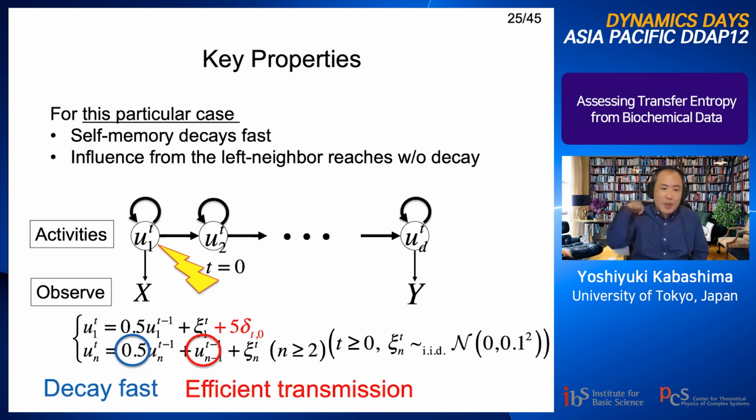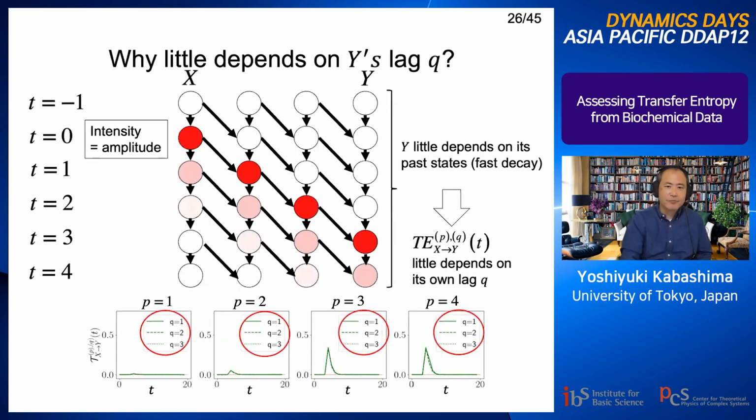So self-memory decays very fast. And the influence from the left component reaches without decay because the prefactor of this one is 1, so no decay, right? So fast decay of the self-memory and efficient transmission from the left neighbors. These two are the key points to understand the behavior of the transfer entropy in this case.